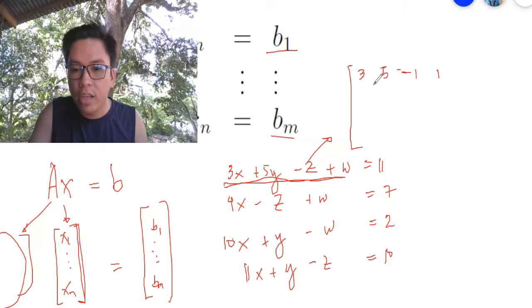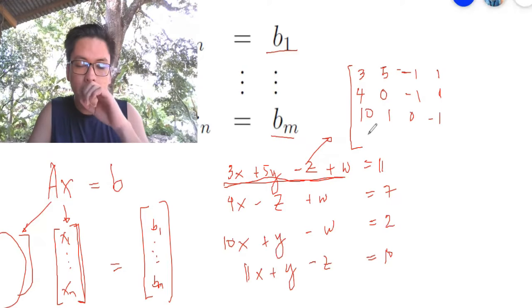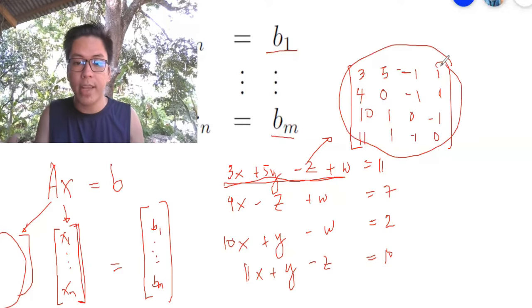Another row is 4, 0, minus 1, 1. You have 10, 1, 0, minus 1. You have 11, 1, negative 1, 0. So this is your coefficient matrix now.